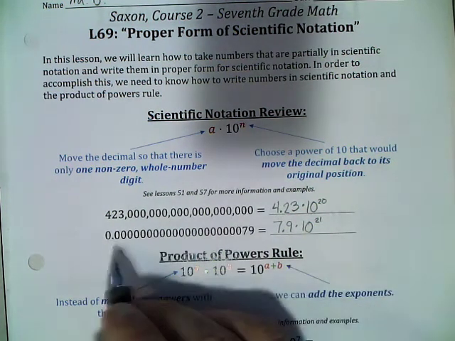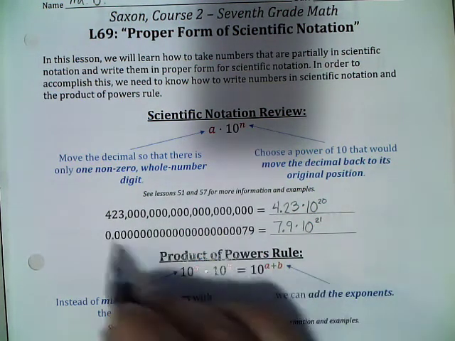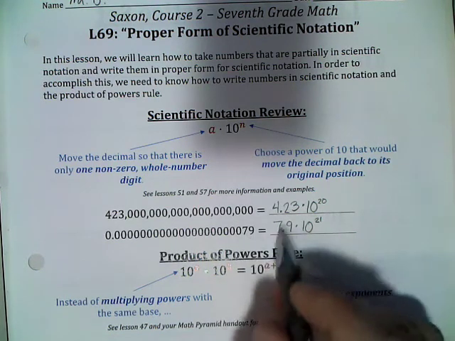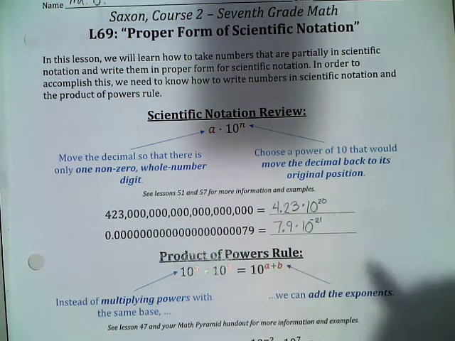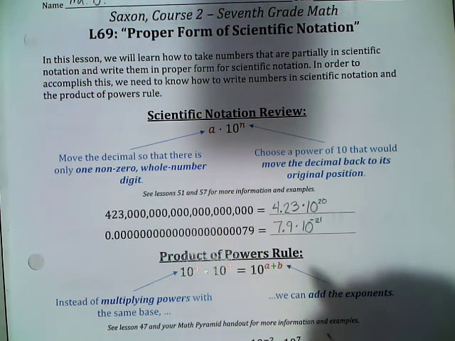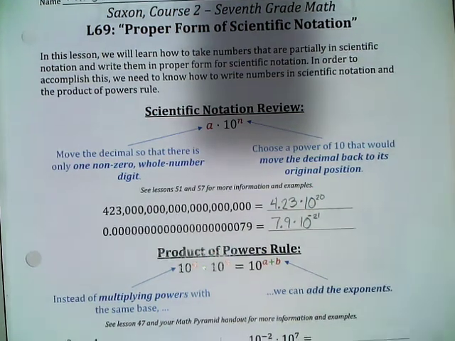However, this is a very small number, so if we have to move the decimal to make this smaller, it'll be a negative exponent. So negative 21 for the exponent tells me to move the decimal to make it smaller. So that's scientific notation there.